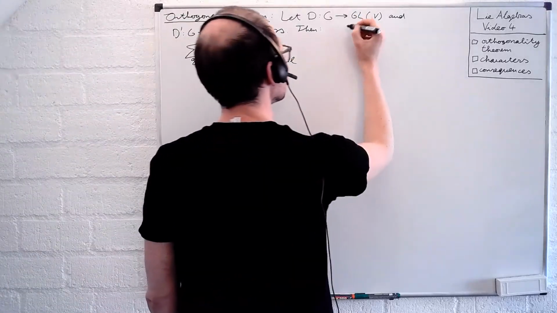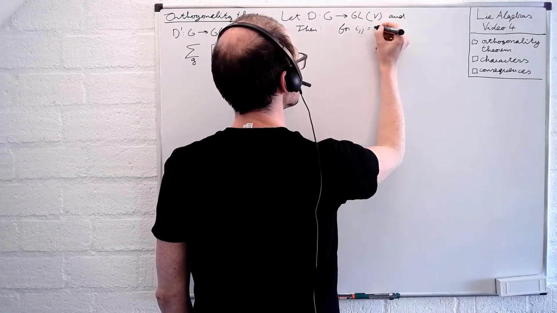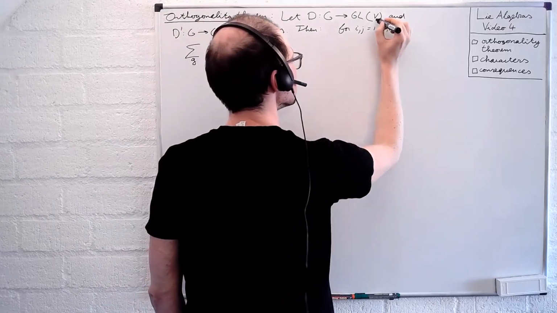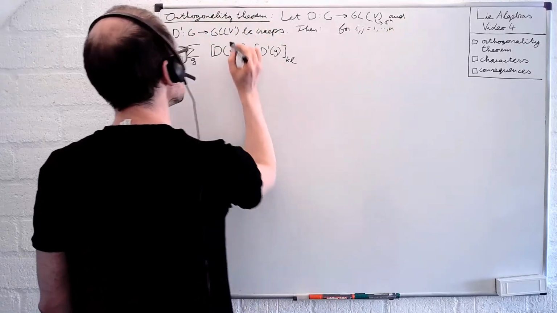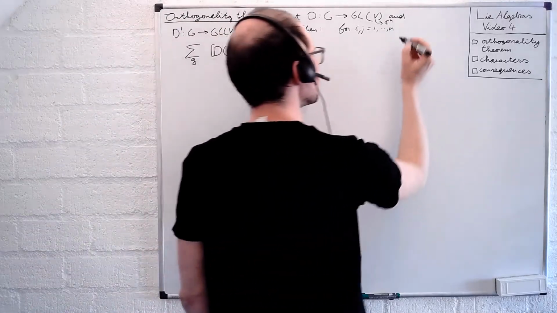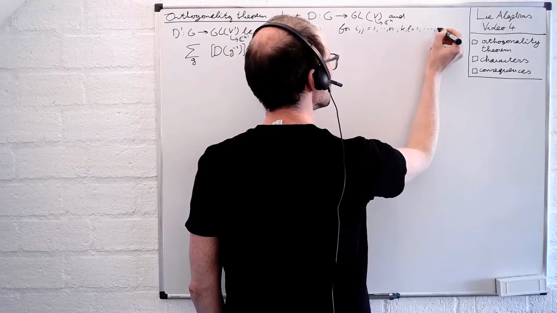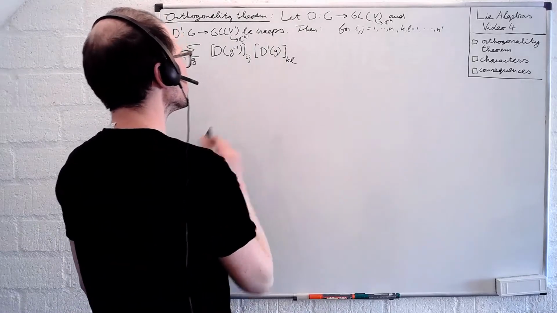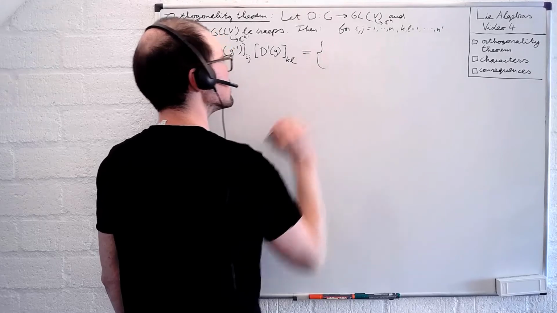Where here i, j run from 1 up to n, where n is the dimension of V. So suppose that V is really just C^n, and V prime is C^n prime. So k and l run from 1 up to n prime. Then this combination is completely determined.